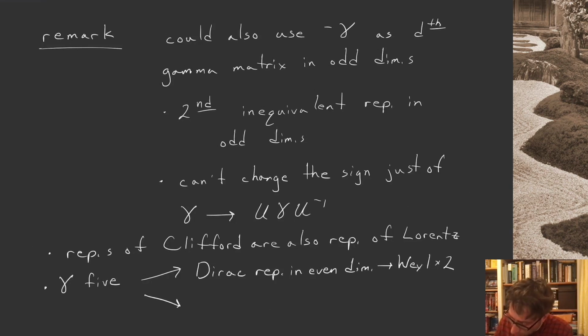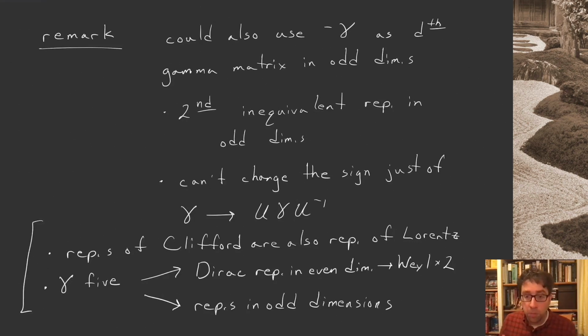And it also showed us how to construct representations in odd dimensions. These are all really important lessons that I hope you take to heart and absorb as we go on. So in the next lecture, we will talk about Majorana spinors, which is a way of putting a reality condition on these representations of the Clifford algebra.